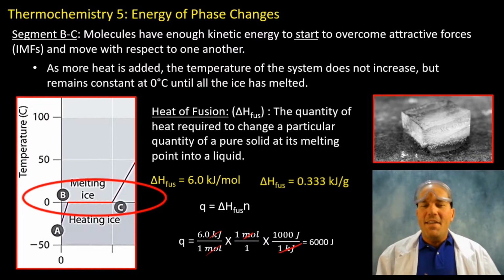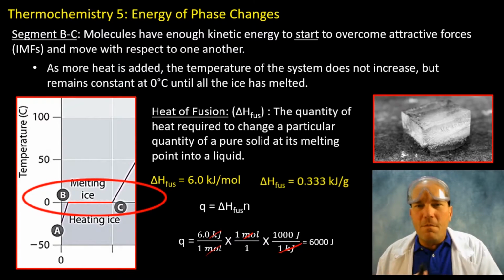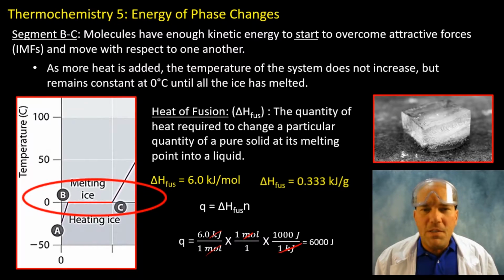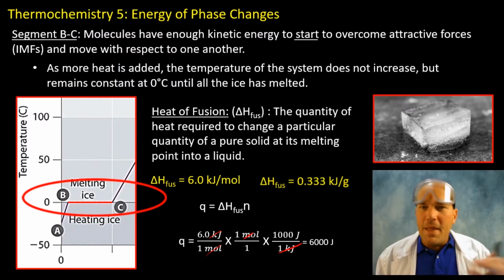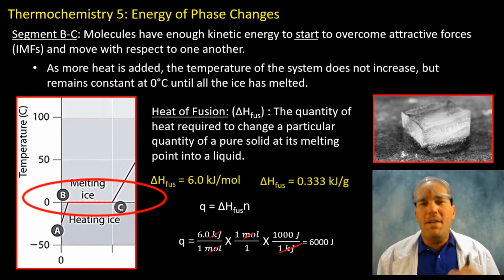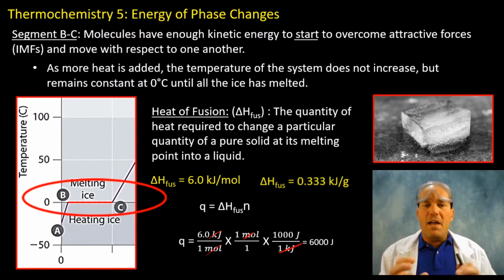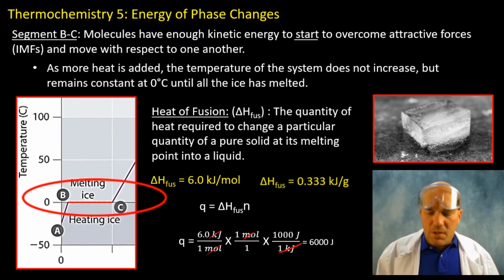By taking 6 and dividing it by the molar mass of water, which is 18 grams per mole, and that will convert into kilojoules per gram. Go ahead and pause the video and try it yourself. Take 6 divided by 18. That's where 0.3 repeating comes from. Be ready for both of these values. Be able to readily convert between the two if needed.